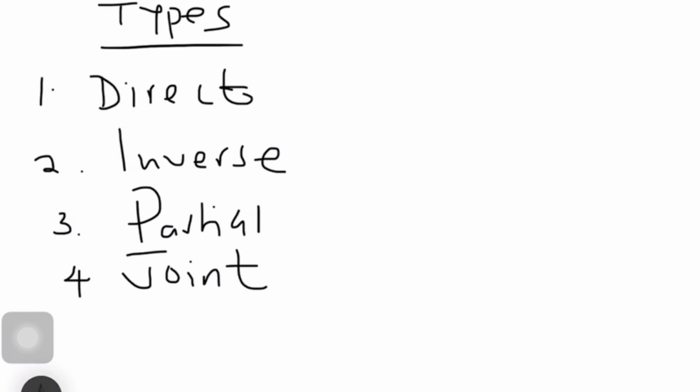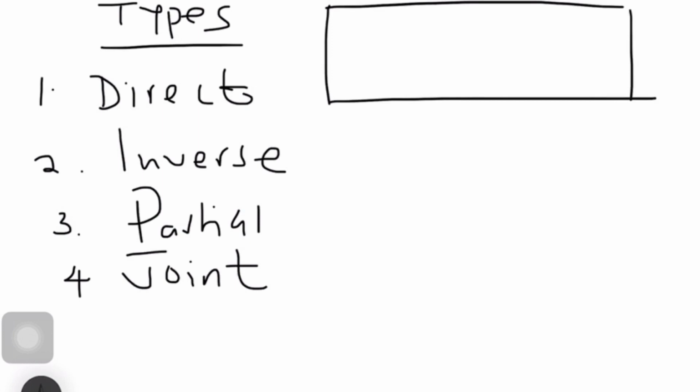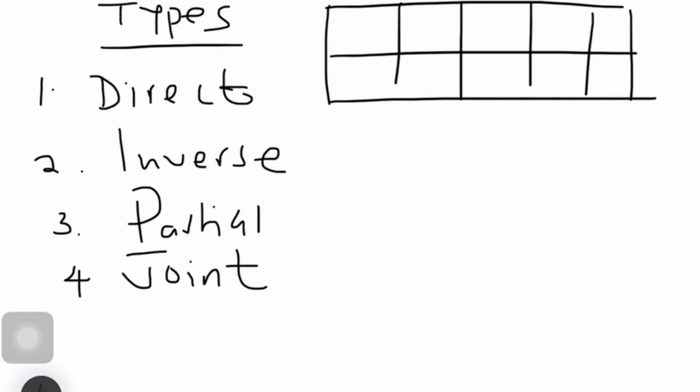Starting with number one, direct variation, I'm going to demonstrate by using an example. Assume we have this table. Let this column represent the number of liters of milk, and here is the cost in Kenya shillings.